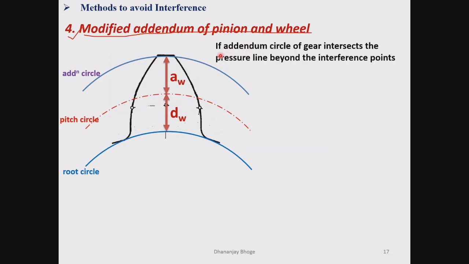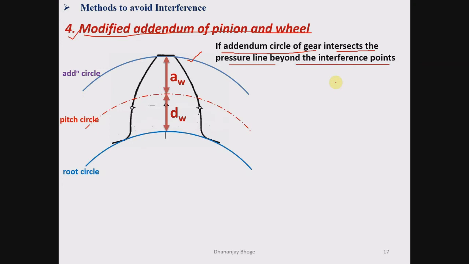Now just listen. If this addendum circle of gear intersects the pressure line beyond the interference points, what will happen? Point of contact will go inside the base circle of pinion and interference will occur.